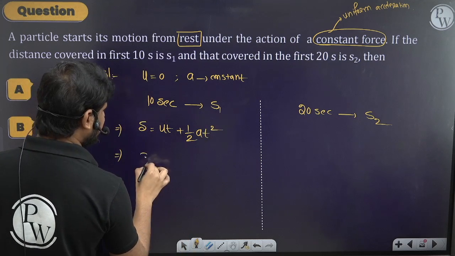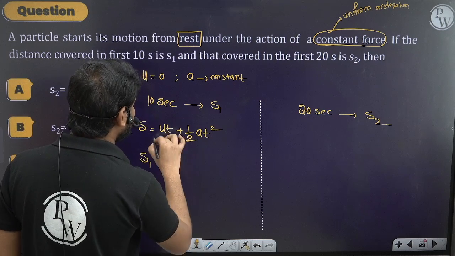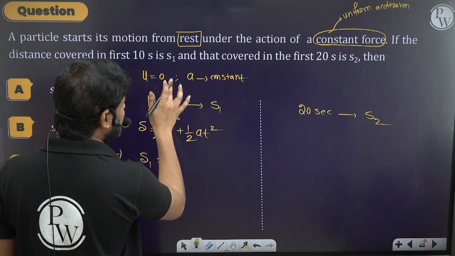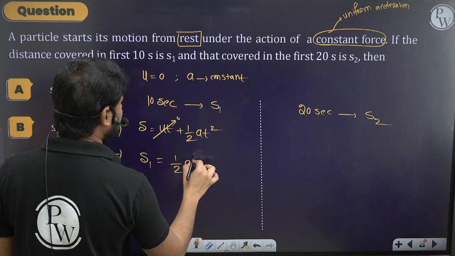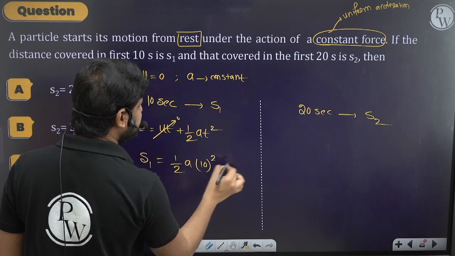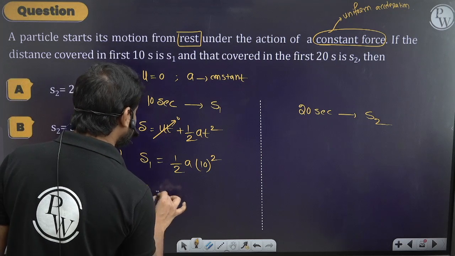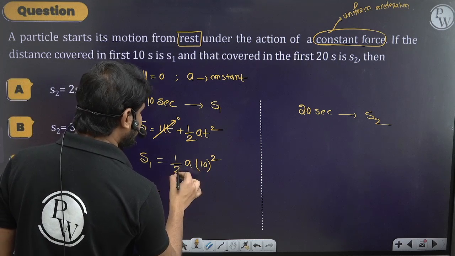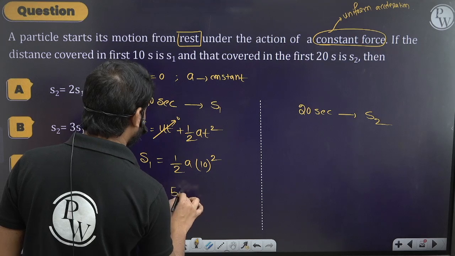The distance covered, let it be s1, in the first 10 seconds. The initial velocity is 0, so the ut term is going to be 0. So half a into t square, and t is 10, so 10 square. So s1 is equal to 100a by 2, which is 50a.